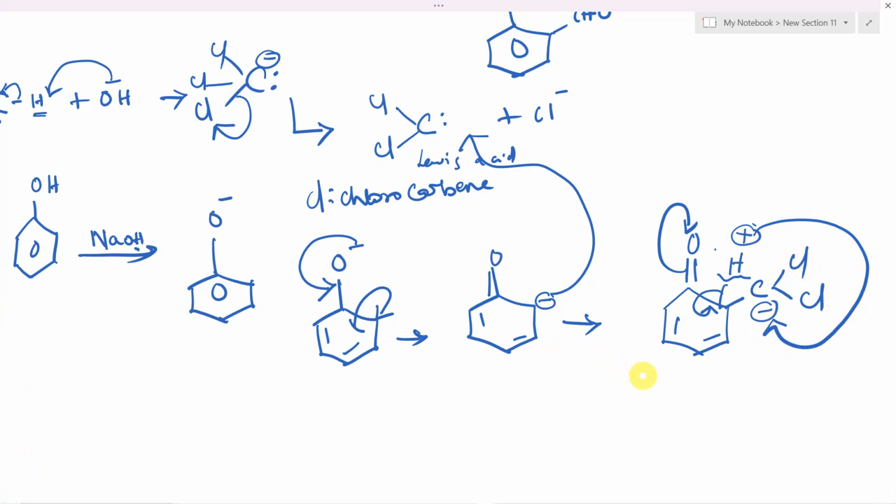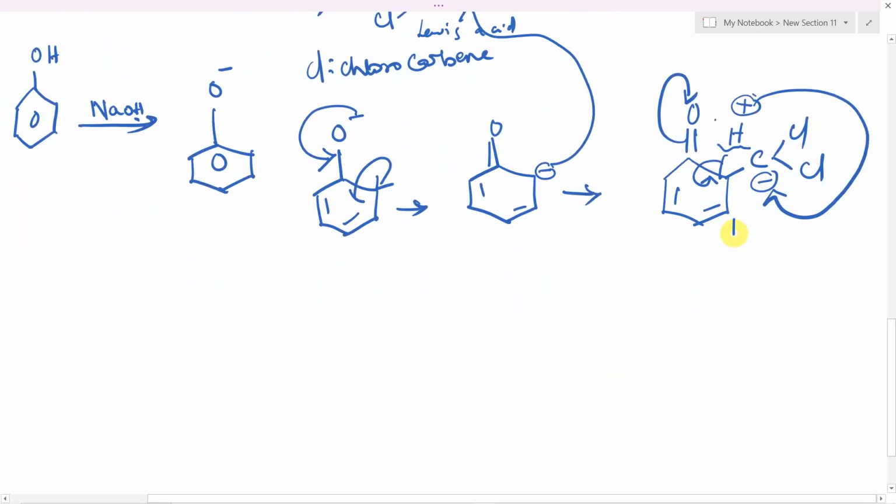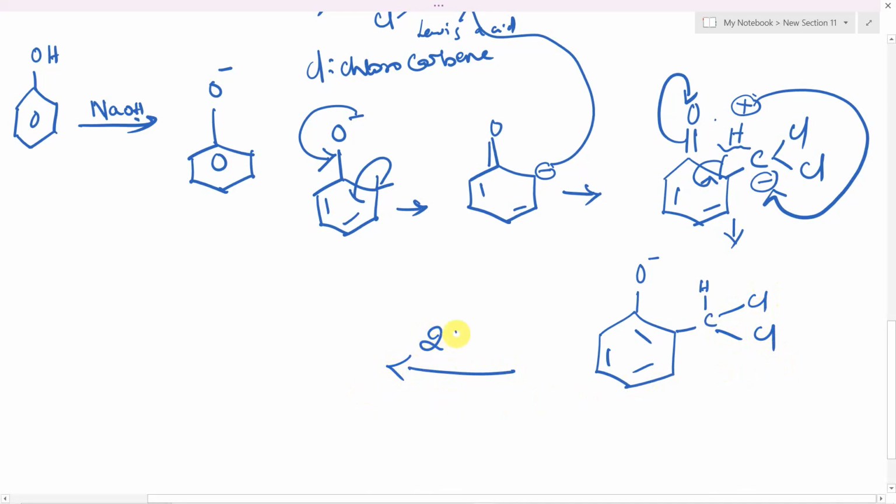That gives rise to the product, O minus again, and here we will have CHCl2. At this time, the NaOH is employed. 2 sodium hydroxide molecules are employed here.